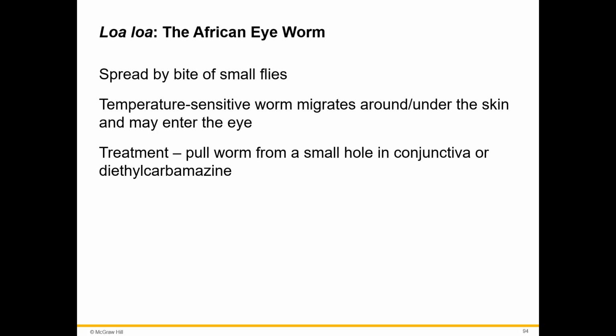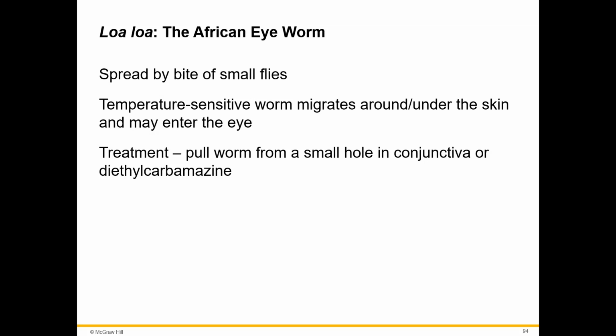This is the African eyeworm, and this is spread by the bite of these small flies. Really wish it would tell you the exact species because that's fun to know. But basically, this is a very temperature-sensitive worm. So where it's going to occur is under the skin. It's not going to be going deep into our body systems where we're at 98.6, 98.9 degrees.